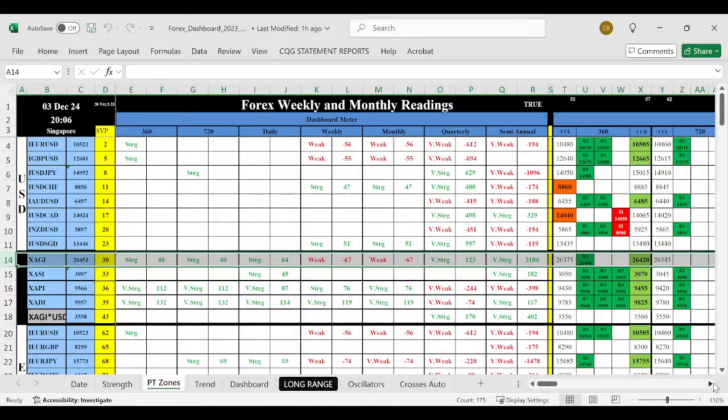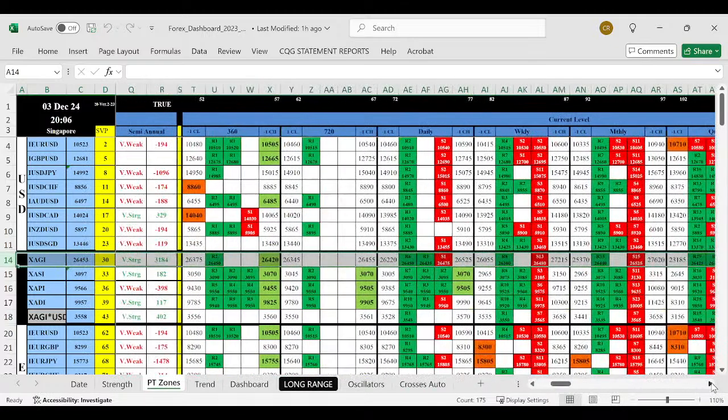When we look into the PT zones, this is also giving us a similar clue. We only see the strength on the 360, 720 is flat, and on the daily we have one selling force, one strong buying force and one weak buying force.